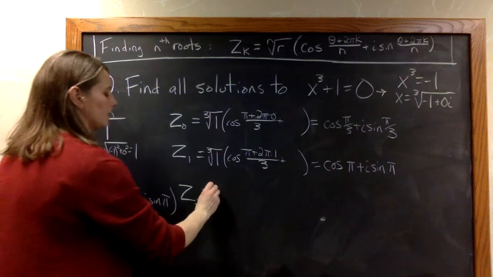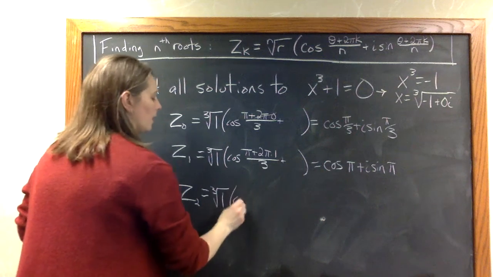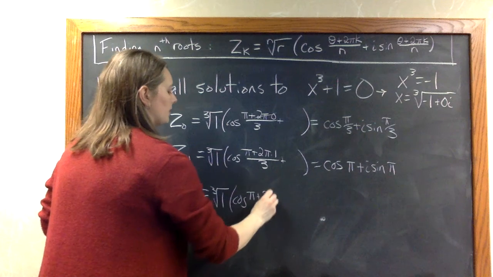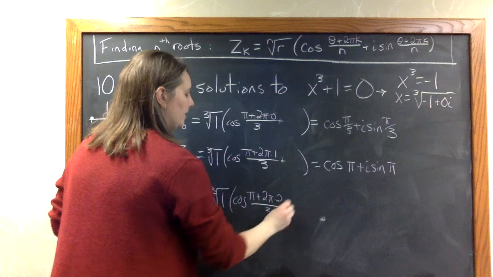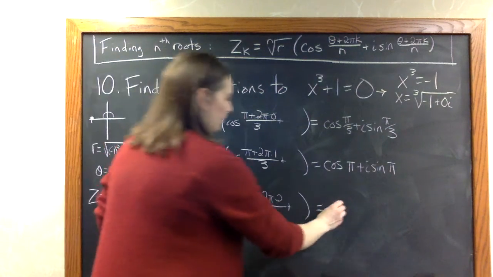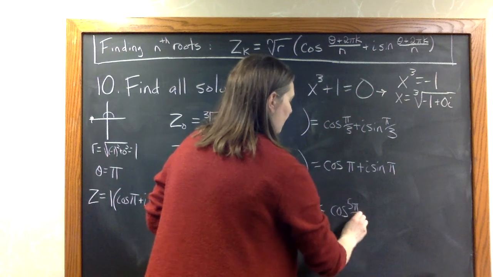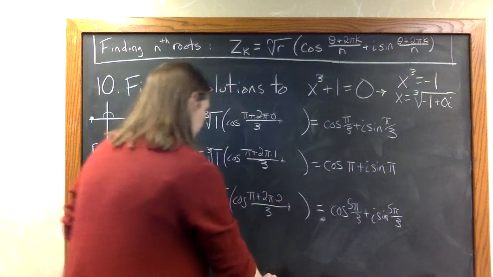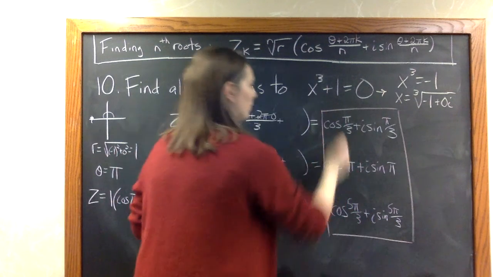And then our third one, the cube root of 1, cosine theta, and we said that theta was pi, plus 2 pi times k, k here is 2, over n, which is 3. So that's going to give us 5 pi over 3. All right, so these are answers in trig form.